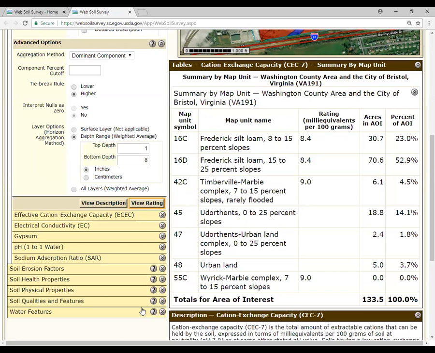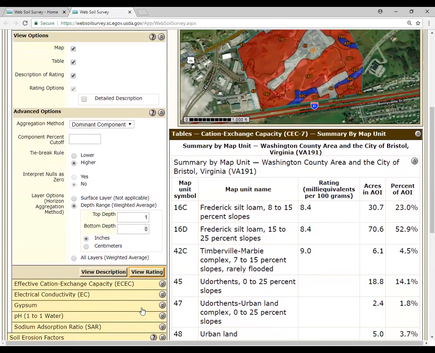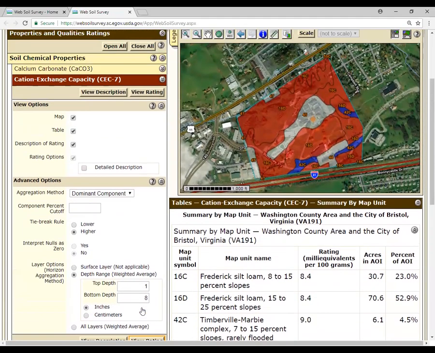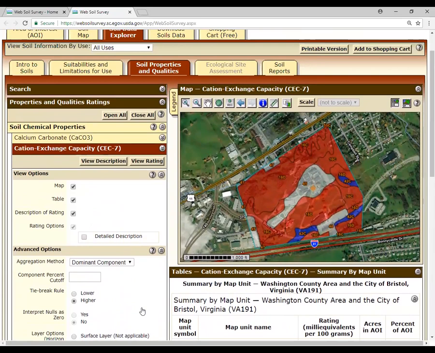We could also look at the effective cation exchange capacity, the electrical conductivity. It can even guess what your pH is, too. So, lots of different things that this tool can do. I want you guys to kind of go through this in the lab to just play around with this tool. It's good for figuring out what your land could be productive for, what your soils are productive for.